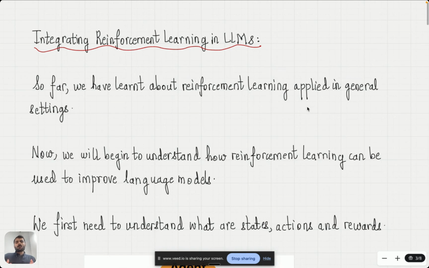This was being observed increasingly by researchers, and trust region policy optimization became popular because it could impose a bound on the change in the policy.